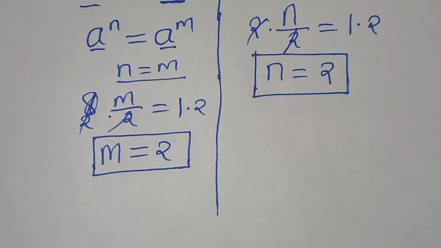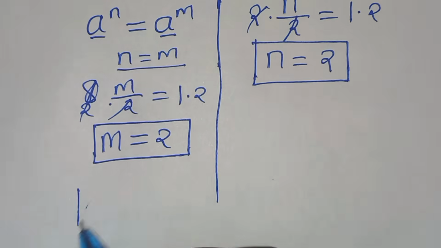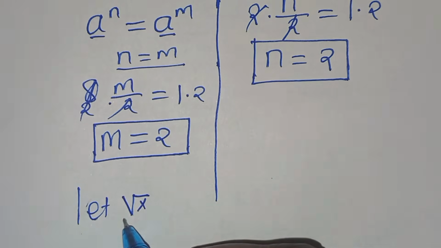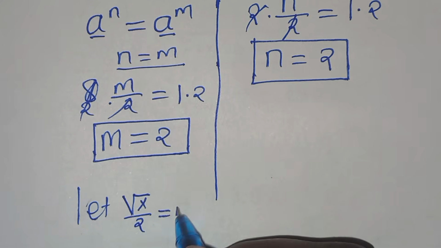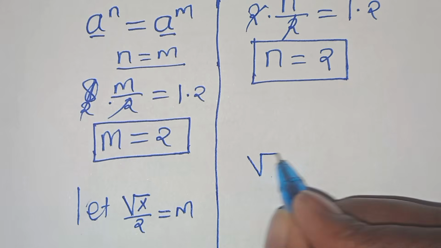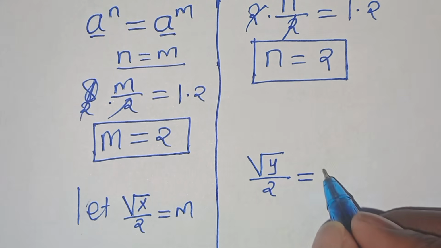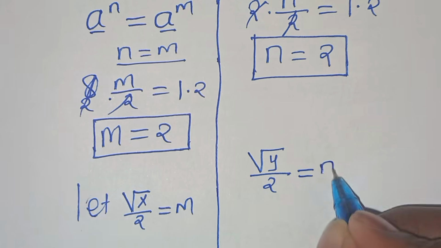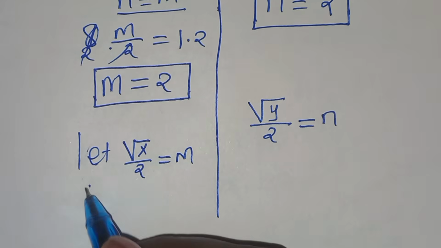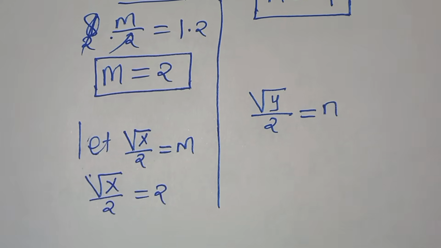Now, again, if you recall, we are saying that let square root of x divided by 2 be equal to m, and we have seen that let the square root of y over 2 be equal to n. So if we equate m, which is 2, then we have square root of x over 2 equal to 2.